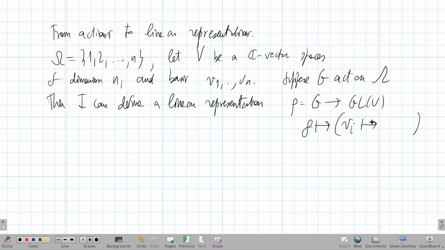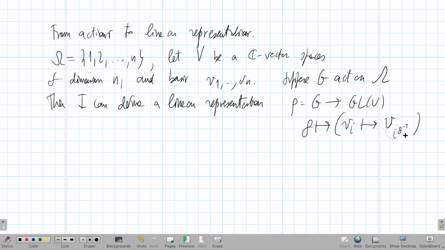I send Vi to V_{i·g^{-1}}. I have to fix the notes because perhaps you've seen this already. I don't remember whether I told you in the previous lectures, but for some reason you need an inverse here, so that this is a right representation, say.